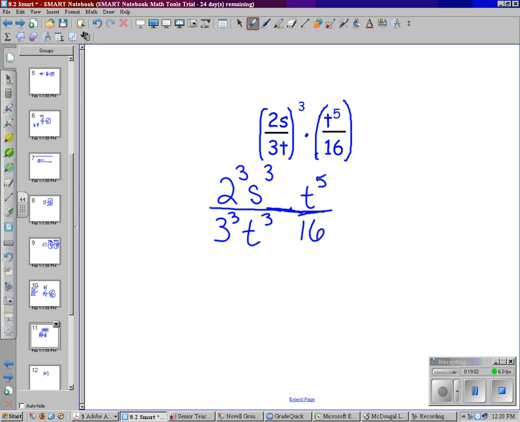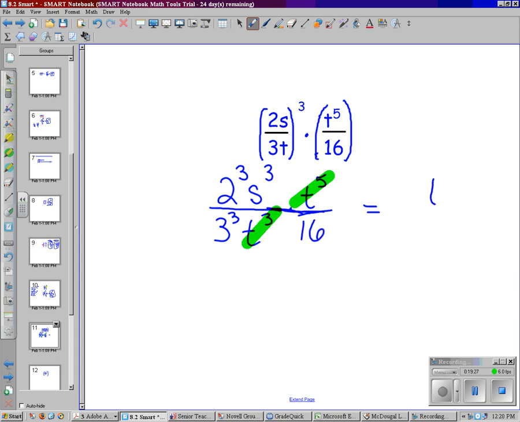No addition or subtraction down here. So now when I look at this, I've got a t to the 5th on top, and I have a t to the 3rd on the bottom. What are we going to do to their exponents? Jordan? Subtract. What is 5 minus 3, Jordan?